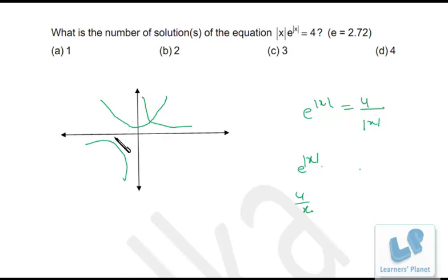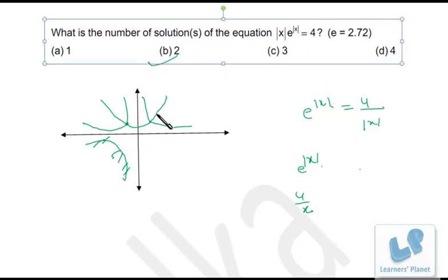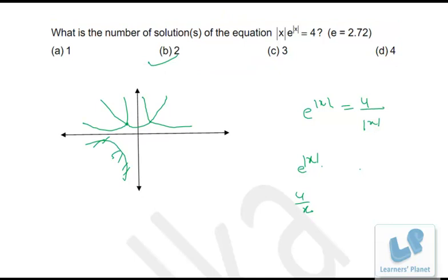So what we have to do? We have to take the image of this graph on the upper side, right? Now this is the final graph of 4 by mod x, and this is the graph of e raised to mod x. So we can see 2 times they are intersecting with each other. That means the number of solutions of this equation will be 2. Okay. So to solve this sort of problem, you need to be clear with the basics of graphs, right?